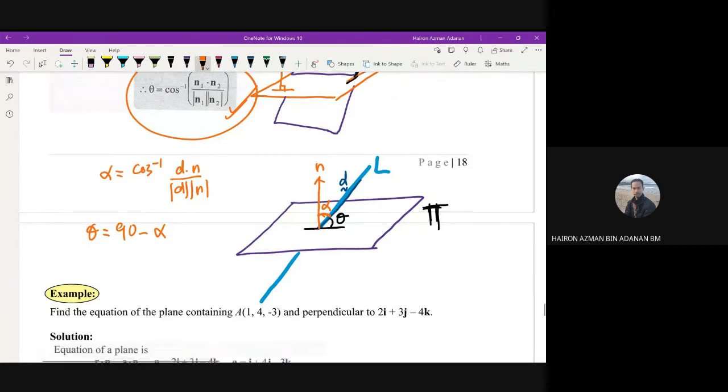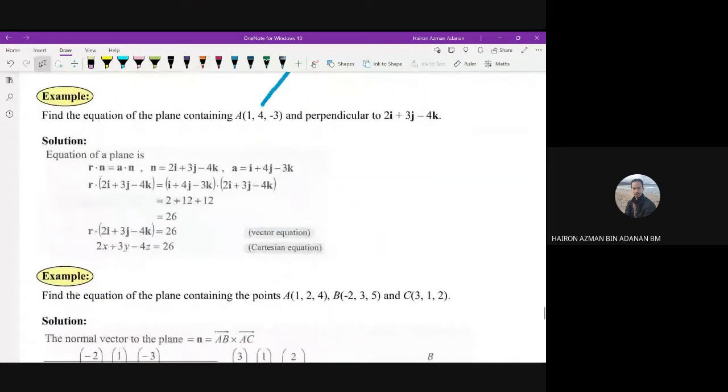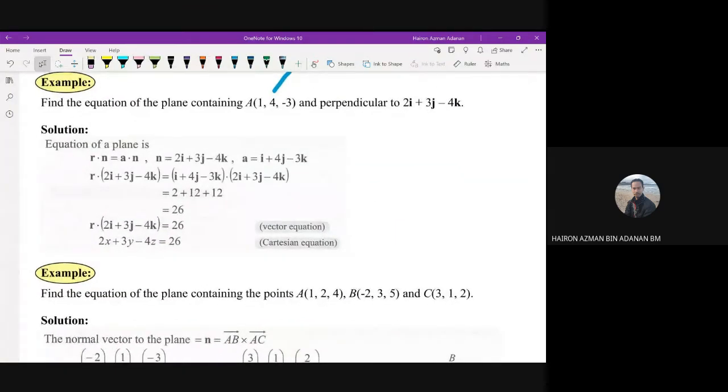Okay, one by one. Now the first example. Find the equation of the plane containing A, meaning that this point A is actually on the plane, and perpendicular to i plus 3j minus 4k. This is the perpendicular vector. If you draw, this is your plane.